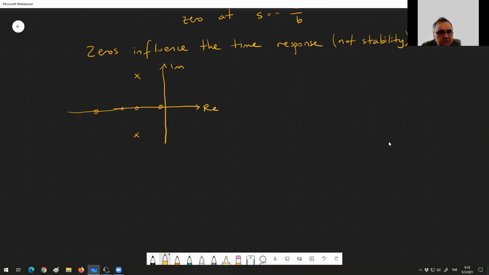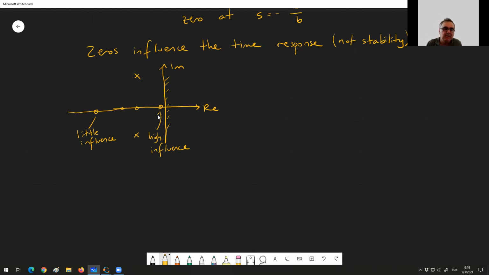That is, the closer the zero gets to the imaginary axis, the more influence it has, okay? It has, let's say, little influence. That's high. Keeping the poles constant, let's say, okay?